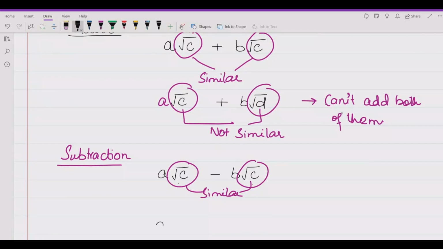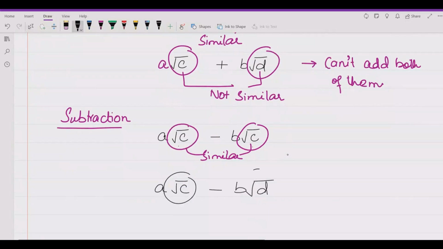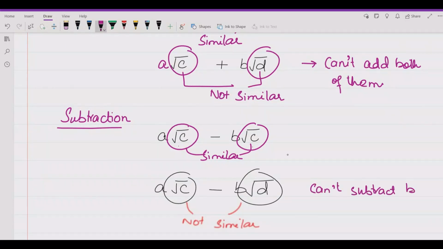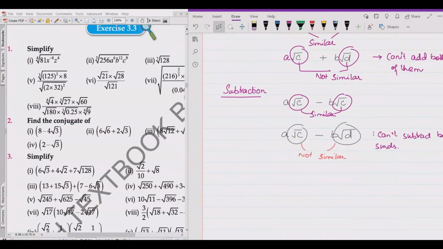If we have terms like this, these are not similar, so we cannot subtract both surds. Okay, we have some examples.